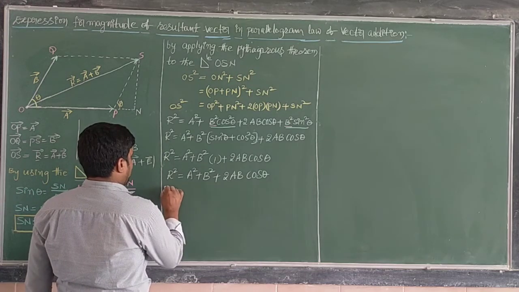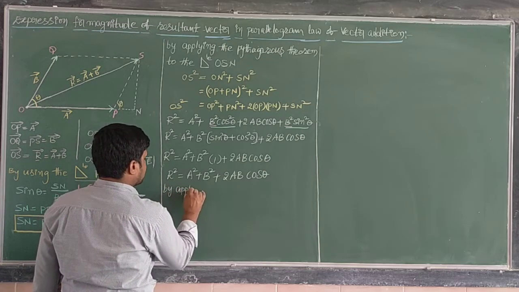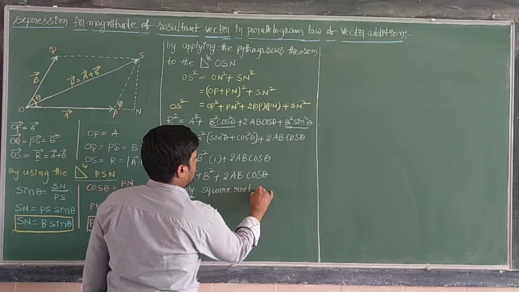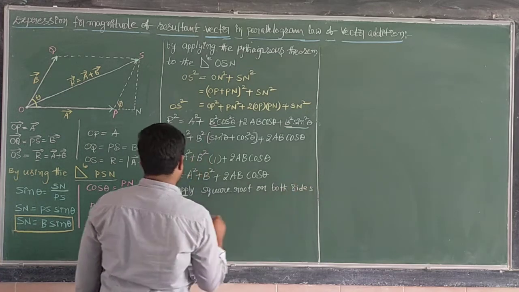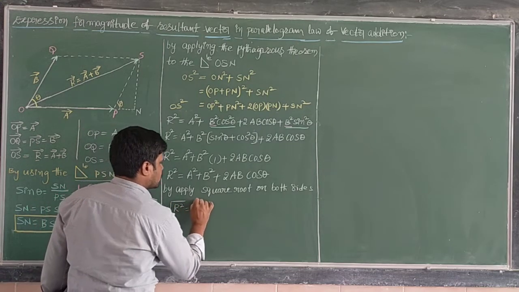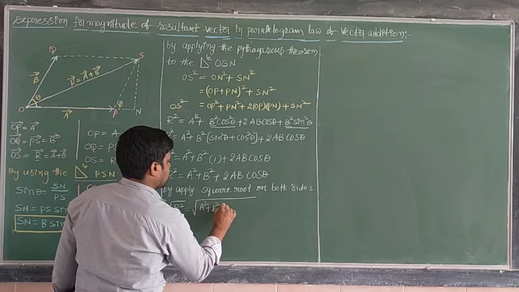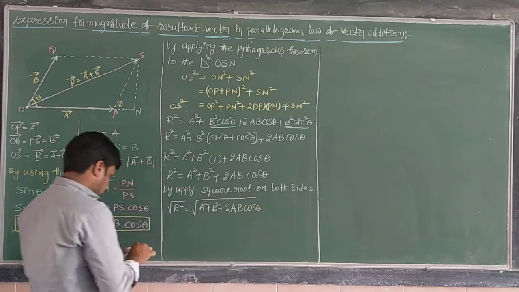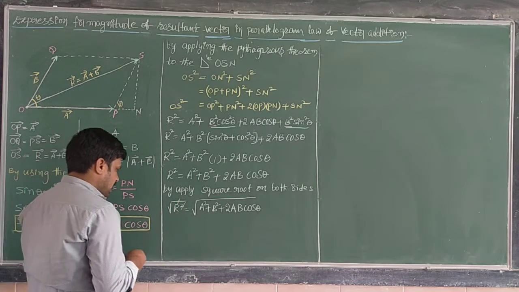By applying the square root on both sides, under root R square is equal to square root of A square plus B square plus 2ab cos theta. Here the square root and the square cancel, so the remaining is R.